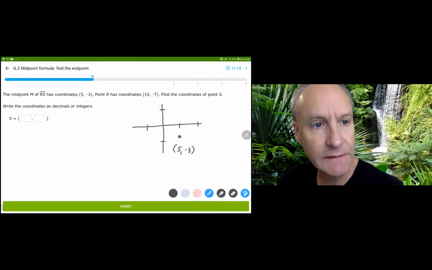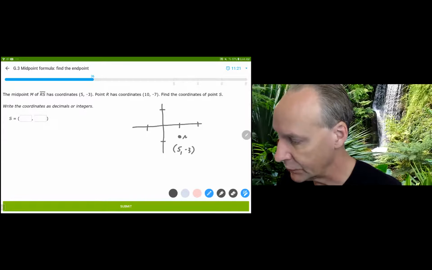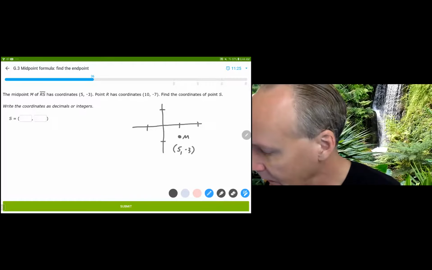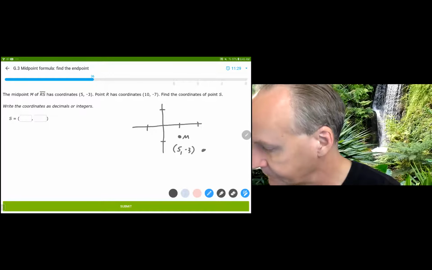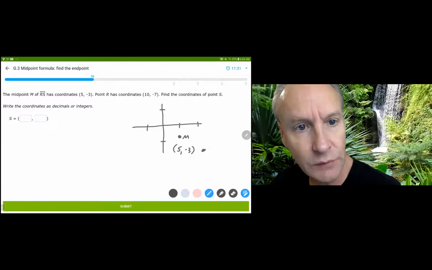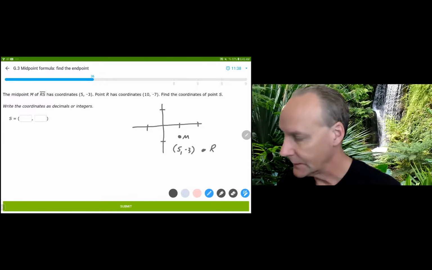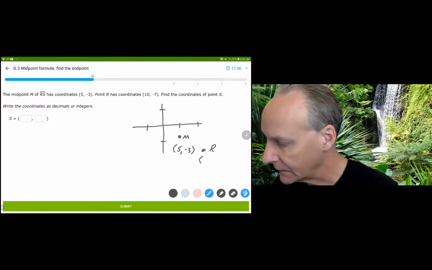And they're telling me that that's the midpoint. This is the midpoint M. And I've got 10, -7. 10, -7 is down here. And this is one of my endpoints, and this is point R. And what I'm looking for is S. Now, point R is at 10, -7.